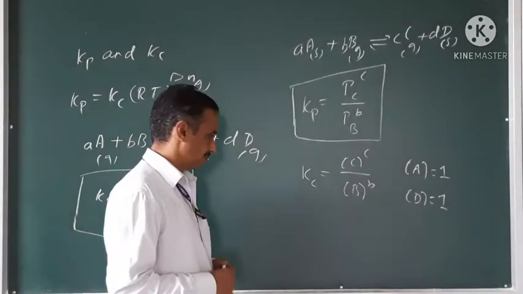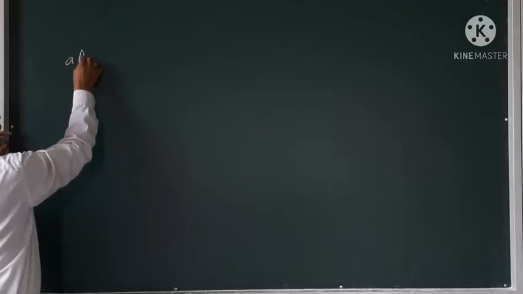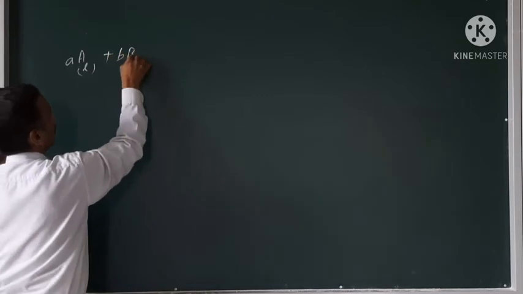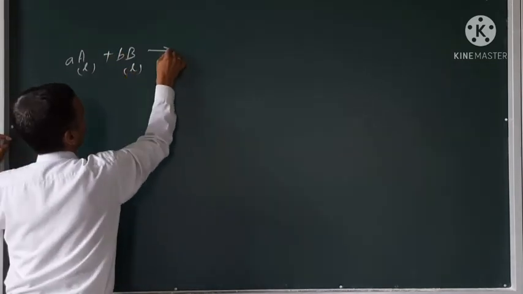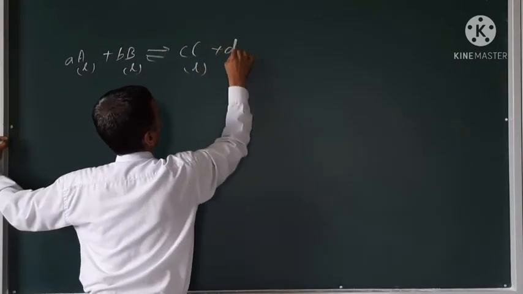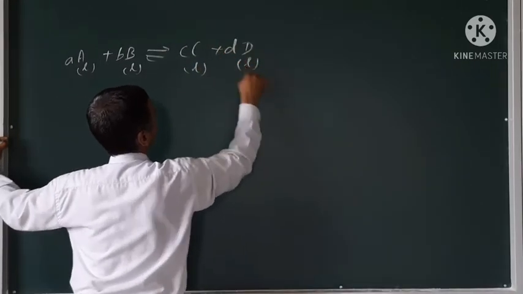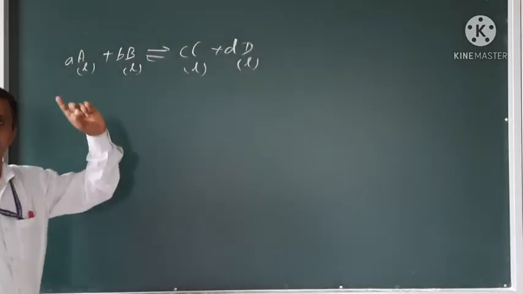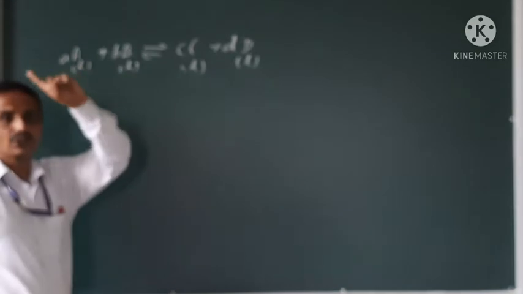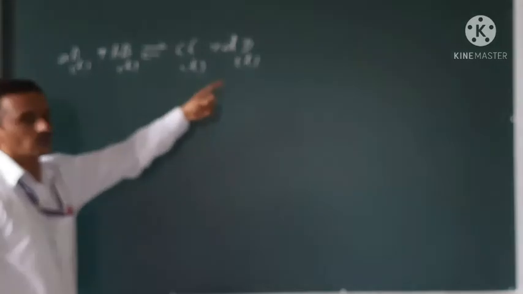But remember, aA liquid plus bB liquid giving cC liquid plus dD liquid. Here we should not take anything as unity because all are in the liquid form.